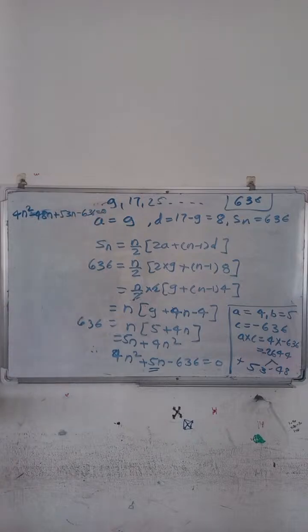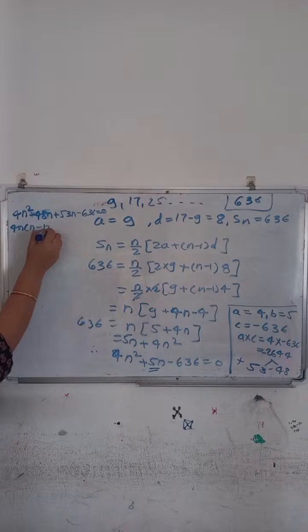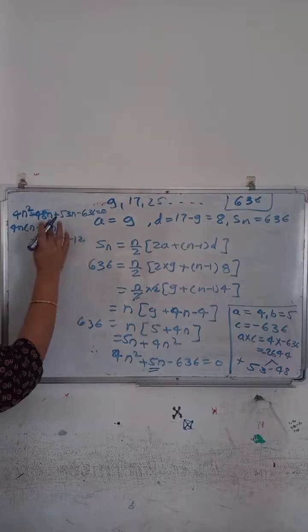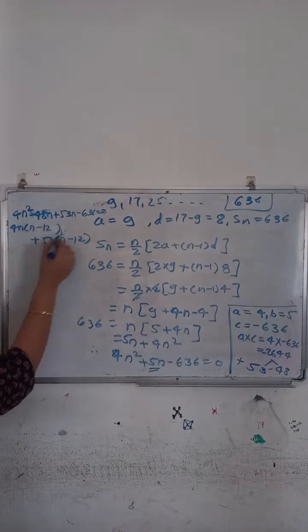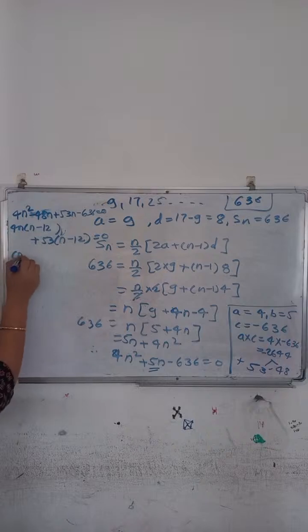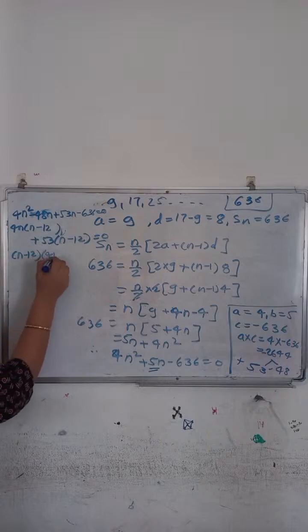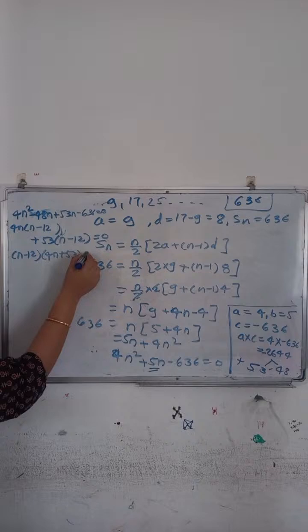Once you write this, take 4n common, so n minus 12. Here you can take plus 53 common, so n minus 12. So take n minus 12 equal to 0, and here 4n plus 53 is equal to 0.